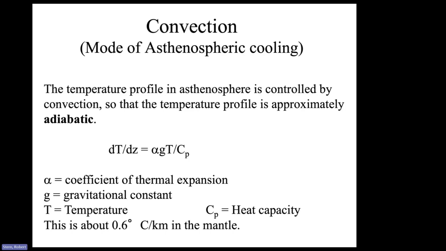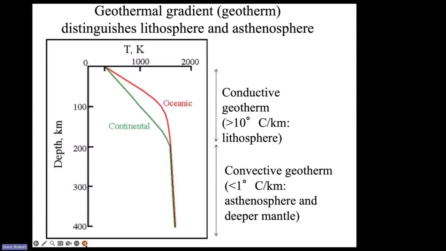That temperature structure between the lithosphere and the asthenosphere is very, very different. So we get a temperature profile like this. This part where the temperature doesn't change much, that's the convective geotherm, the adiabatic, less than a degree centigrade per kilometer.